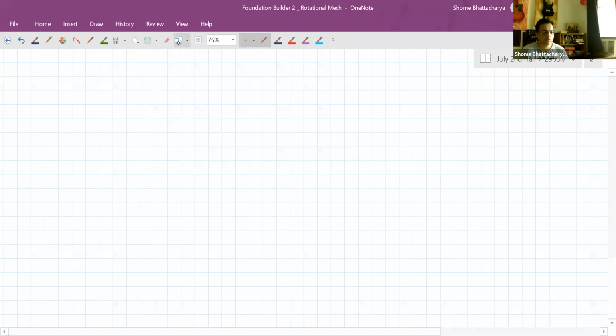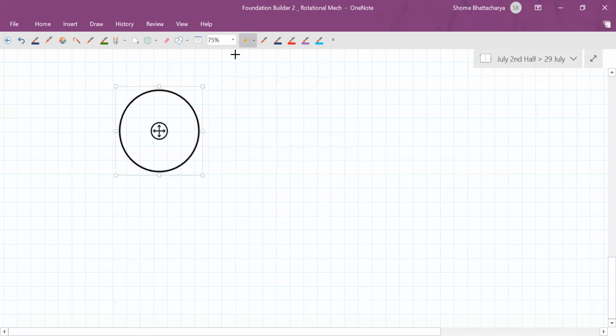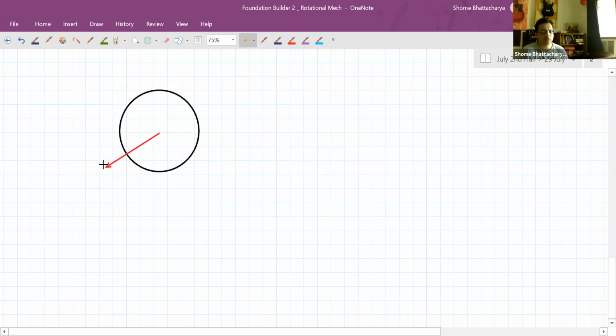Okay, so now after resolving the forces, a free body diagram will look like this. The equations will be the same now, that a_cm equals R alpha, and then mg sin theta minus f equals m a_cm. Very good, that's correct. So the constraint relation will be what you said, that a is equal to R alpha.